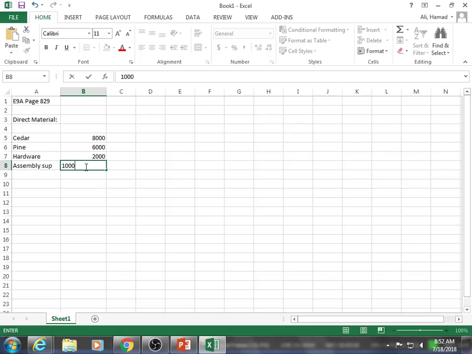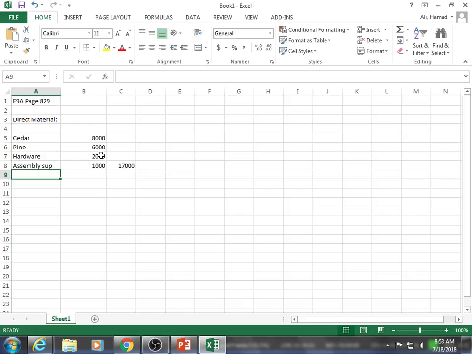So the total direct material is all of those, $17,000. That's the total direct materials used. Remember, direct material and direct labor are no problem. Those are easy to trace. The problem is going to be with the overhead.